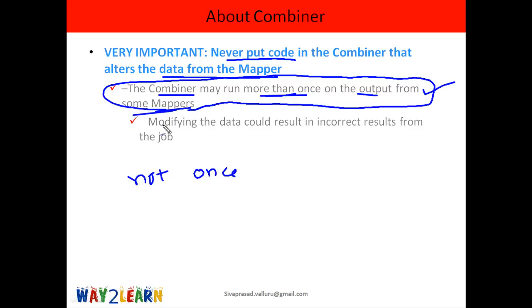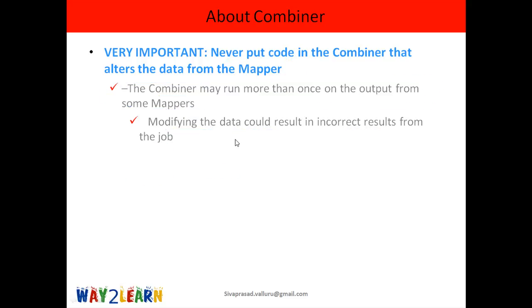So you have to be very careful. Don't modify the data. Modifying the data could result in incorrect results. So your combiner should not modify the result. Keep this caution in mind whenever you are using a combiner. A combiner can be used only if the operations you are performing in the reducer are commutative and associative.